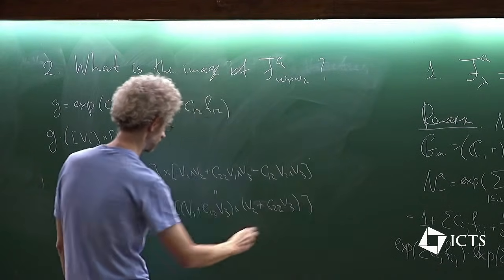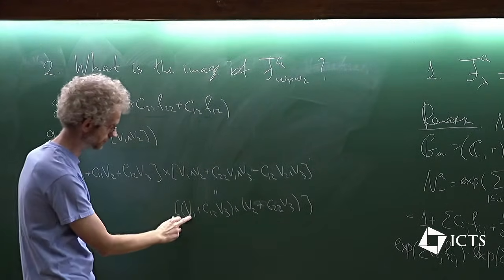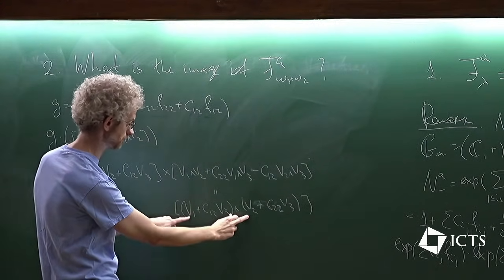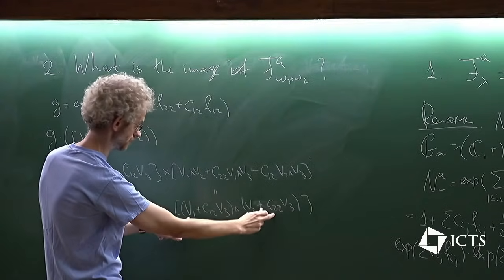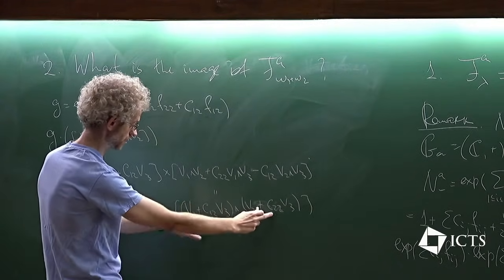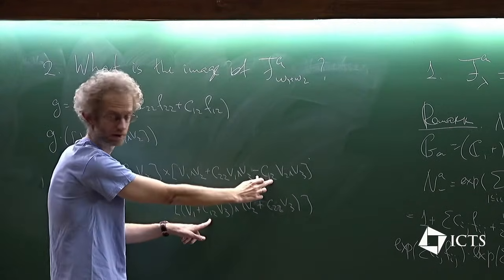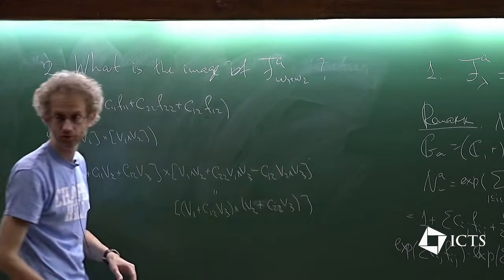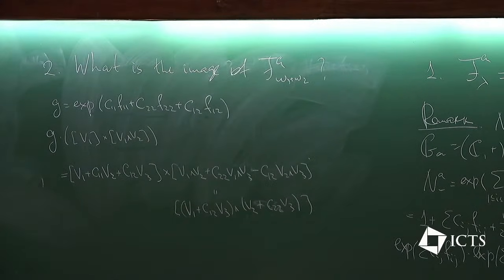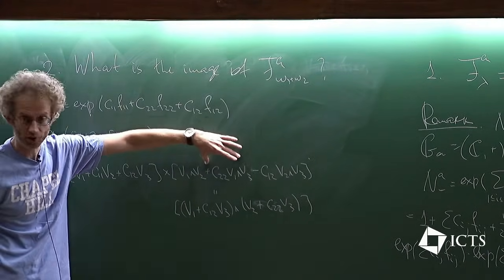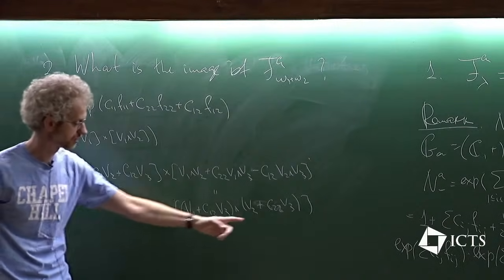So let's check that I wrote it correctly. So we have the term V1 V2, and we have the term V1 V3 with the coefficient C22. And we have the term V3 V2 with the coefficient C12, and this is exactly this one. And this vanishes, so this is the correct thing. So it means that this wedge product corresponds to the span of these two vectors.